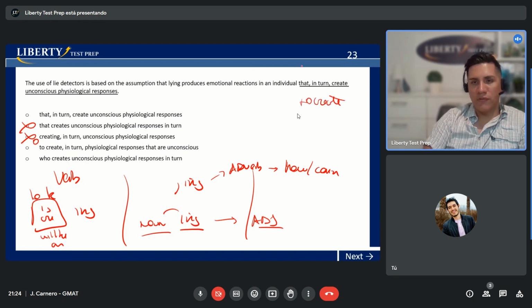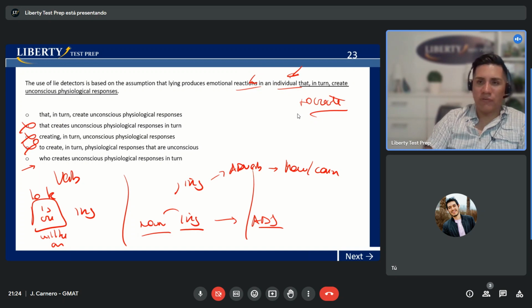It could modify individual, it can modify reactions, because these types of adjectives modify people and things, so it's ambiguous. And besides, even if it were not ambiguous, the problem is that it's changing the meaning, because it's giving you purpose. The original one didn't tell you that it was its purpose. You see? And what happens with the last one?